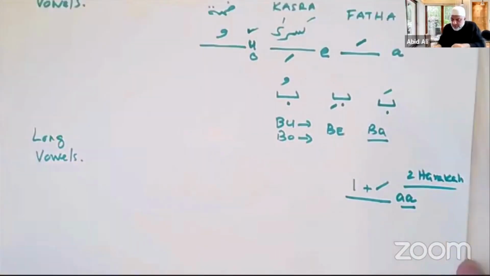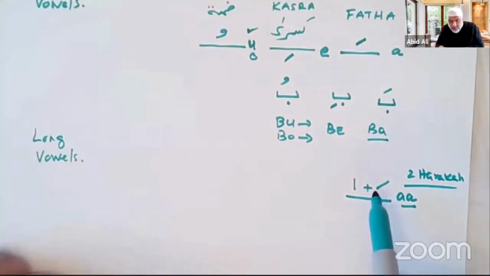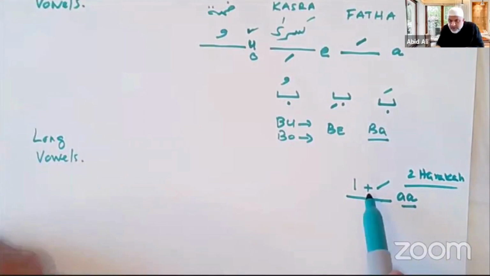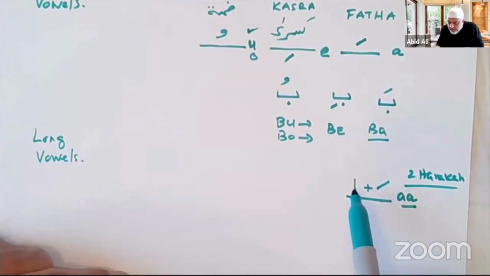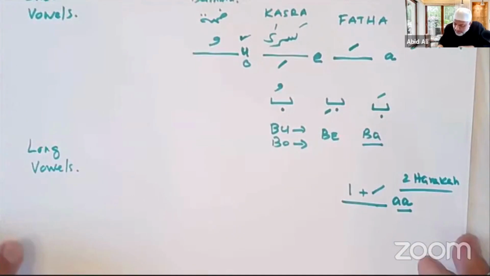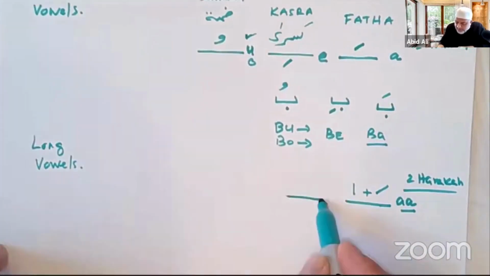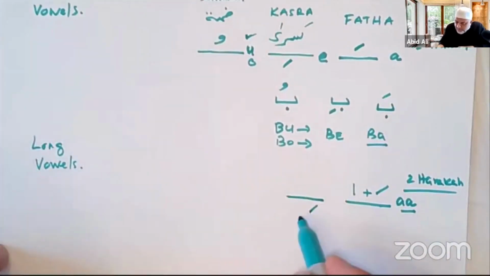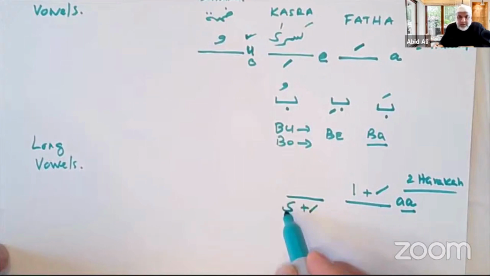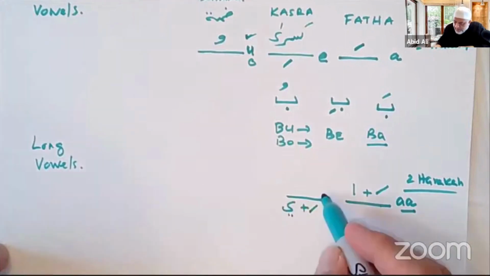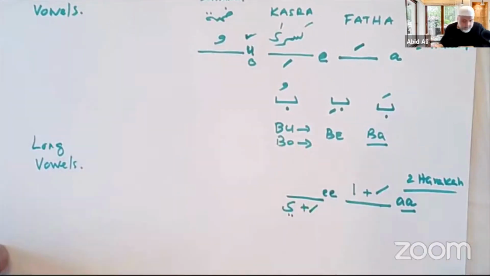So if there is a fatha and it's a long vowel, there will always be an added alif here, because remember we said fatha corresponds to the Arabic letter alif. Similarly, if we have kasra, the corresponding letter will be ya, so it will become the E sound.